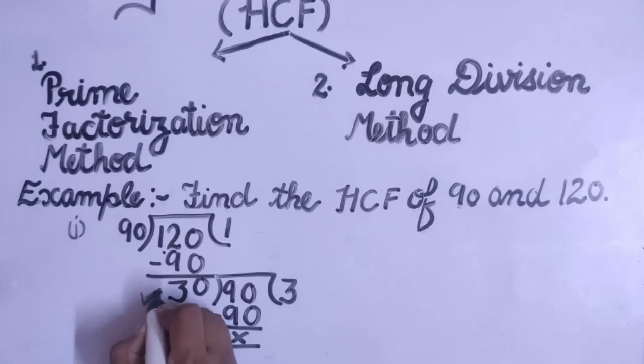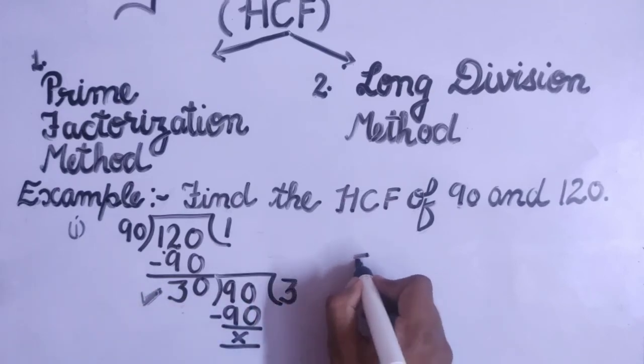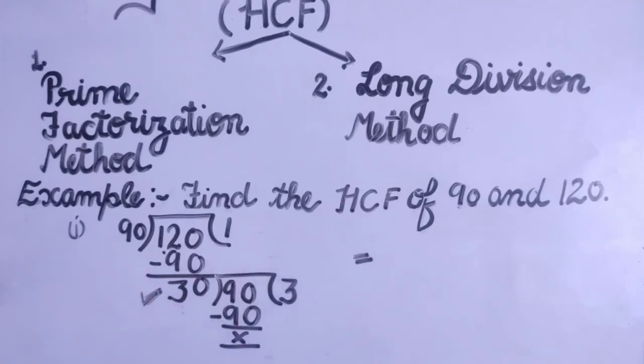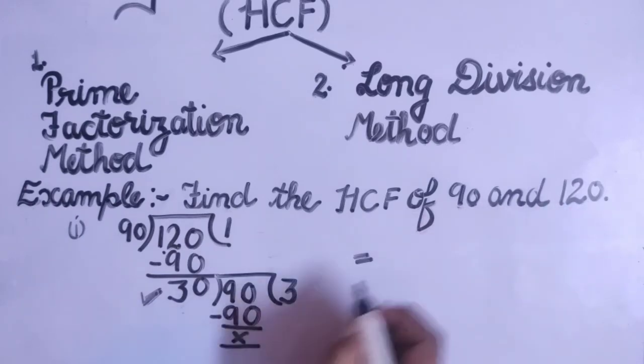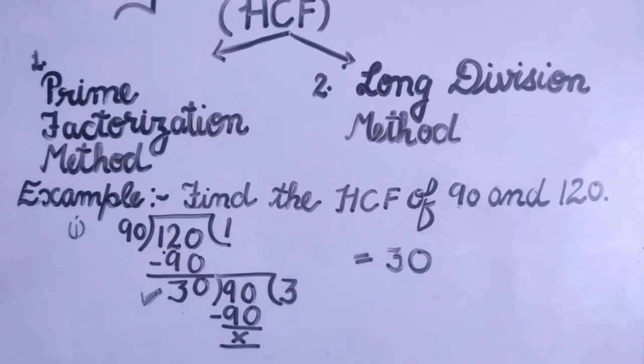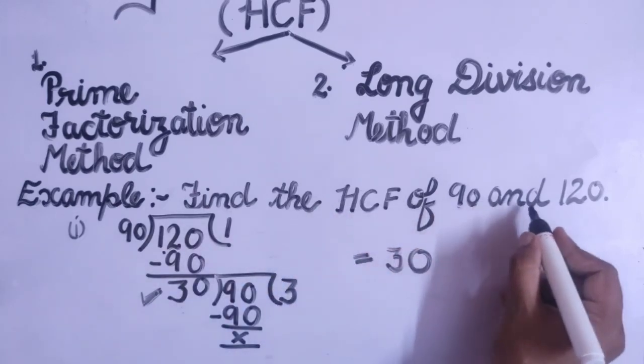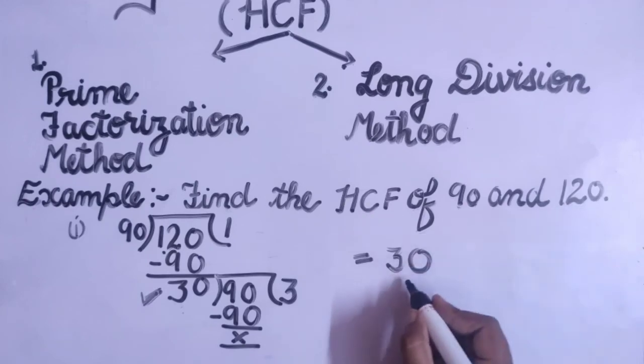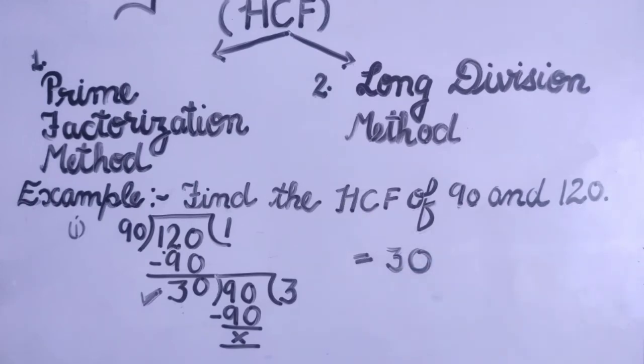The last divisor will be the highest common factor of the given numbers. And the last divisor is 30. So I can say, students, HCF of 90 and 120 is 30. I hope so, students, these two methods of finding out the highest common factor are clear to you.